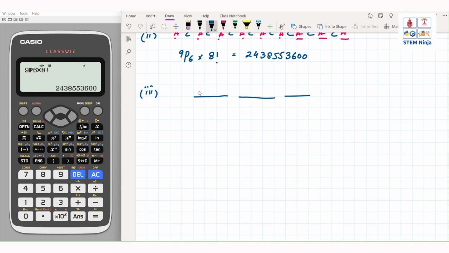So basically we have eight children, so 8C3 for this one. Now we have 5 left, so 5C3 for this group, and then we have 2 left, so 2C2.